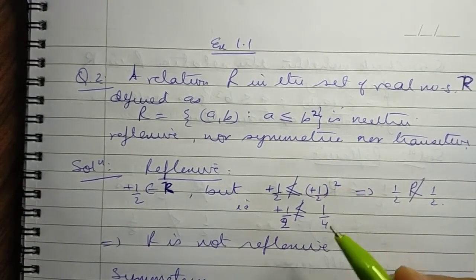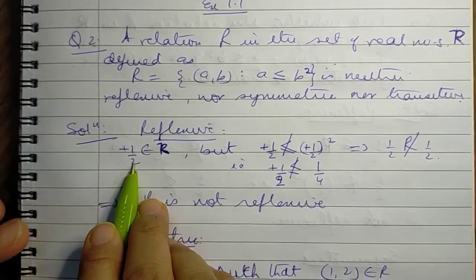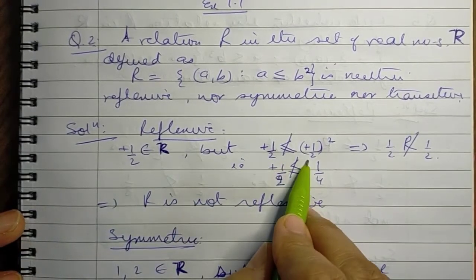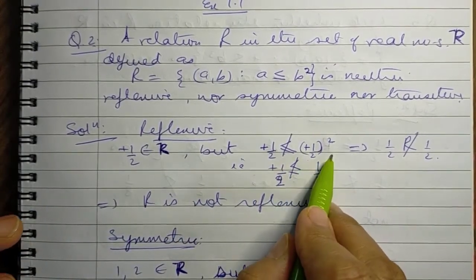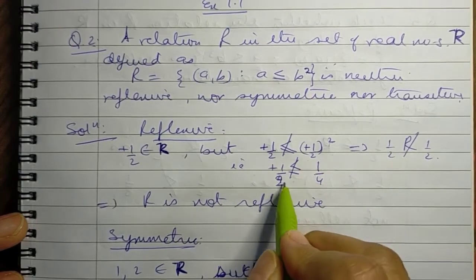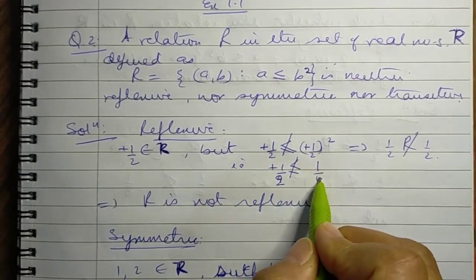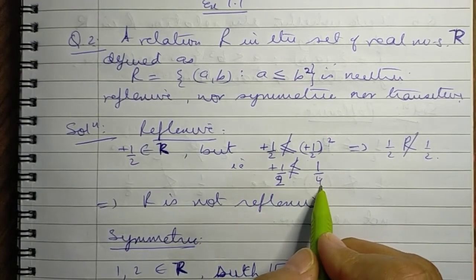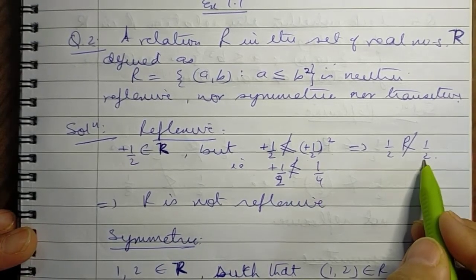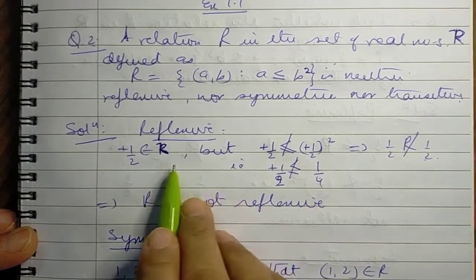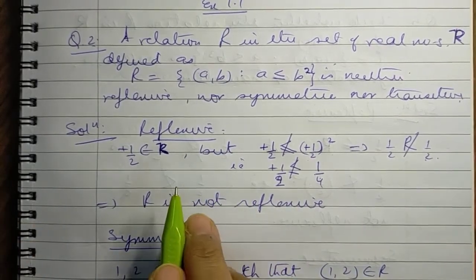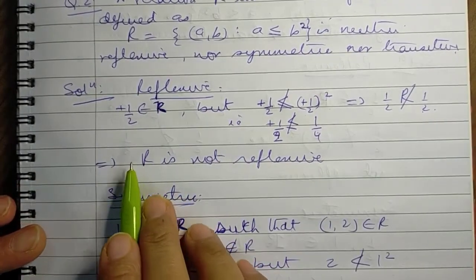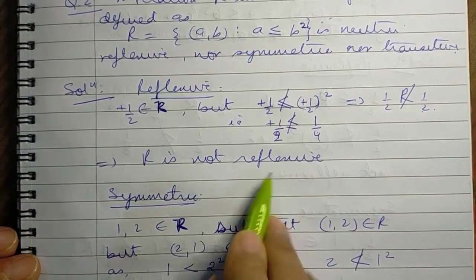So we just take a counter example: half belongs to the real numbers, but half is not less than or equal to half squared, because half squared is 1 by 4 and definitely half is not less than 1 by 4, and so half is not related to itself. So we have found one counter example which does not satisfy this relation, and so we say that the relation R is not reflexive.